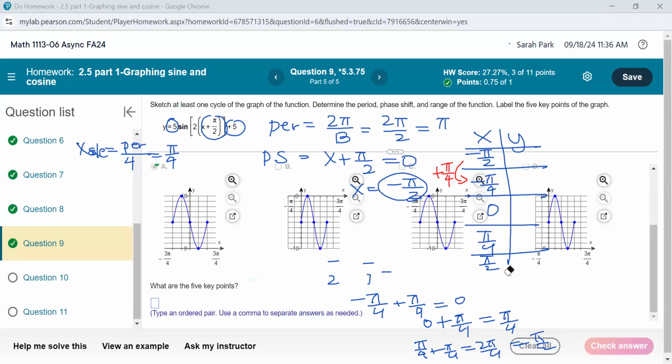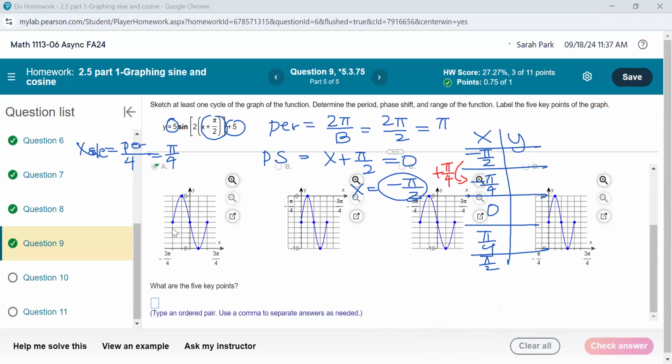Now we just need to find the y. If you think about using the graph and finding the y value, we can say, okay, at negative pi over 2, the y value is at the midline, which is 5. At negative pi over 4, the y value is at the peak, which is at 10. At 0, it's at 5.